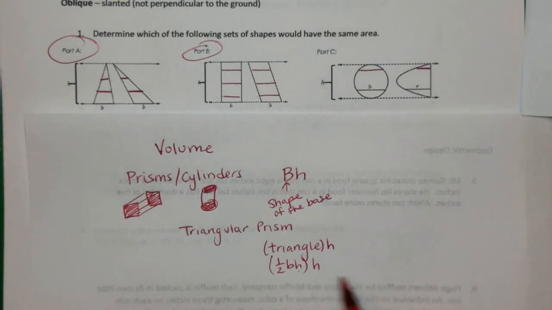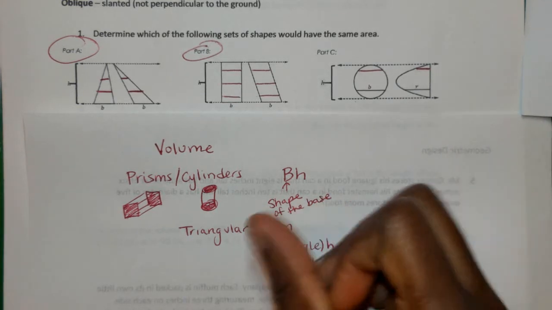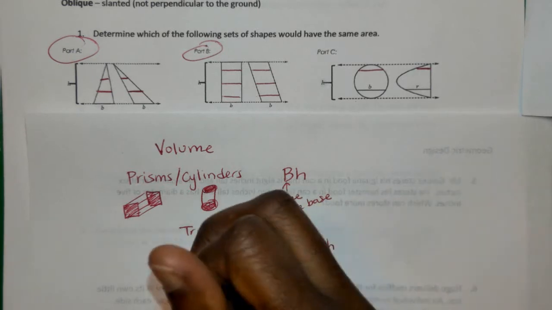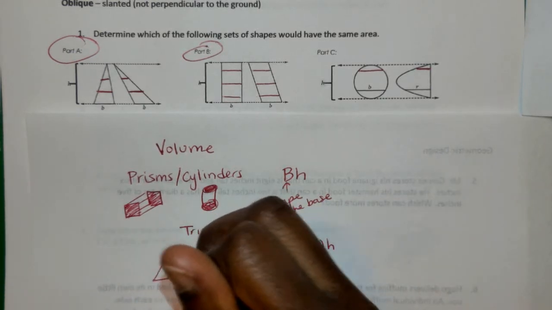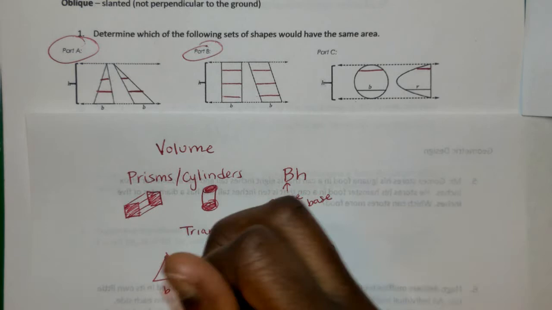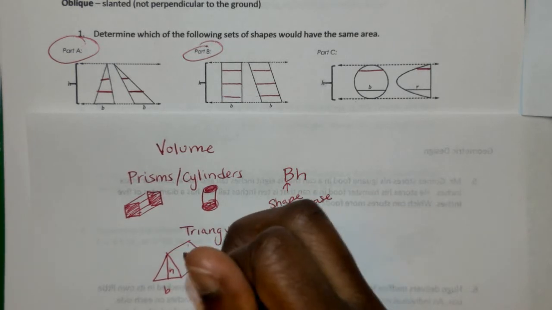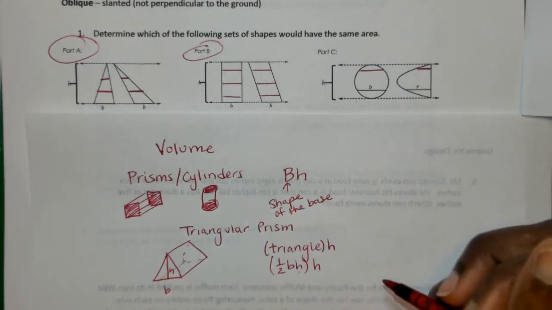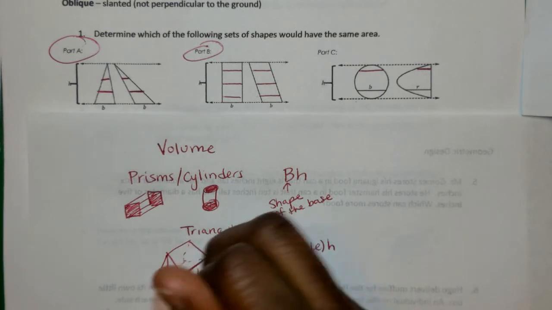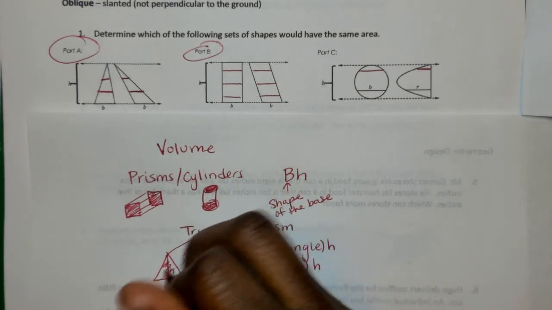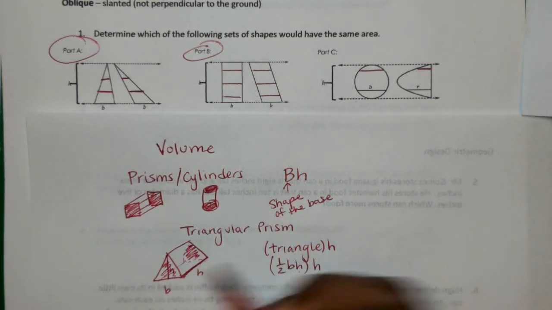Remember, these H's are different. This is the H of the triangle, the height of the triangle. So that would be like this H in this base. And then the height of the prism would be the distance between triangular congruent faces. So the distance between these would be the second H.